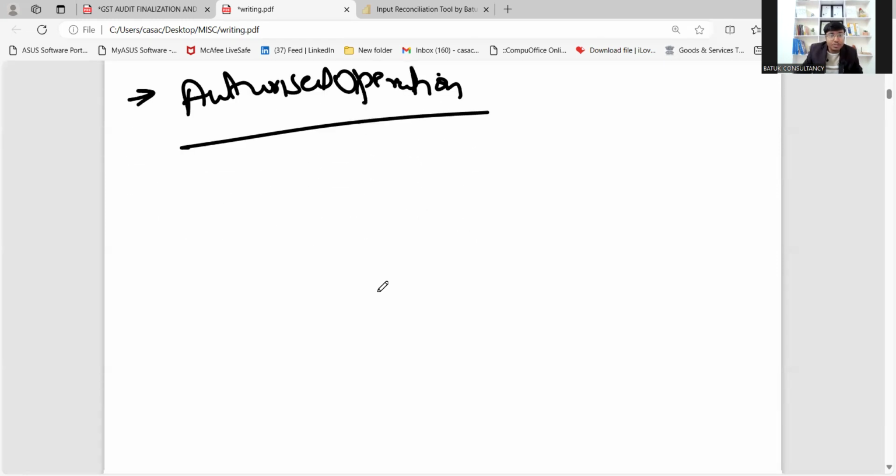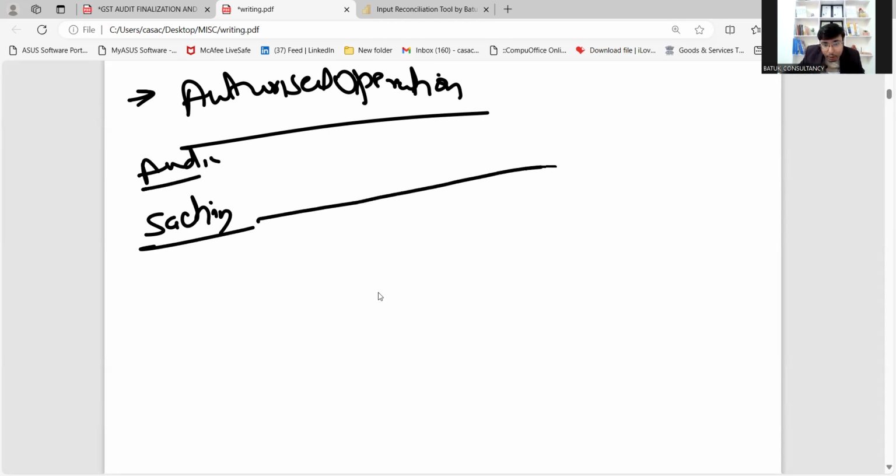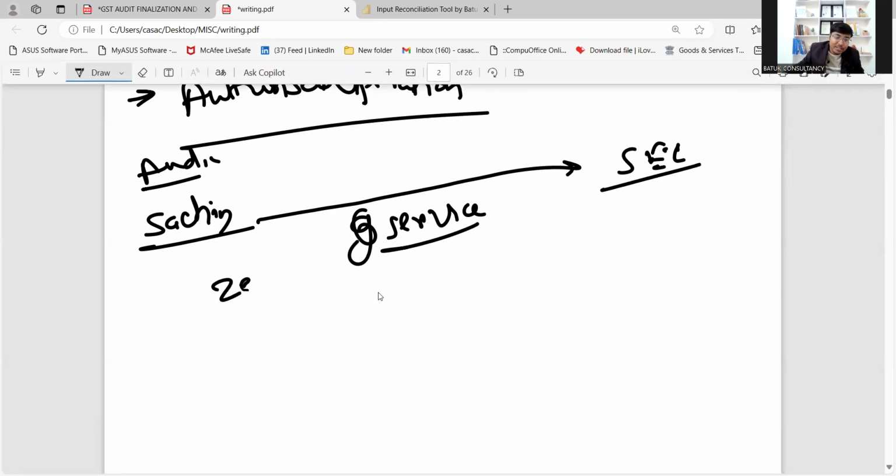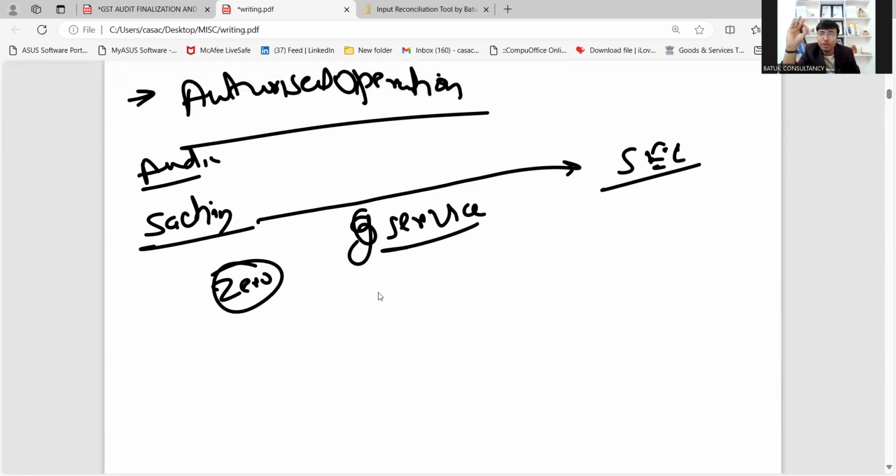Suppose you are doing the audit of Mr. Sachin. Sachin has made a particular supply of services to a particular industry which is located in special economic zone. In that case, Sachin has charged zero rate. Sachin has shown the same in the financial statement as well.